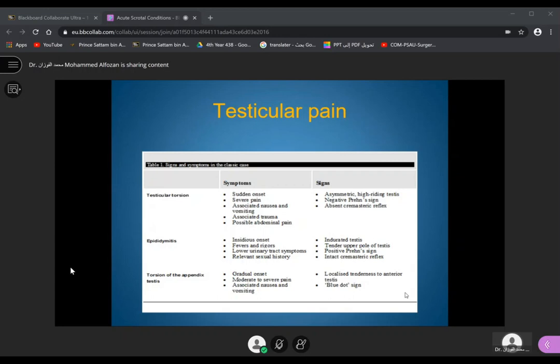So it's very important for every patient coming with testicular pain, either in outpatient clinic or in the ER, to examine him and confirm your examination with ultrasound, to rule out torsion and testicular tumors. Otherwise, you will be liable if the patient had any of these and you missed it.